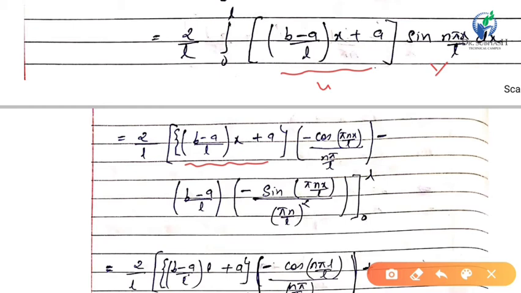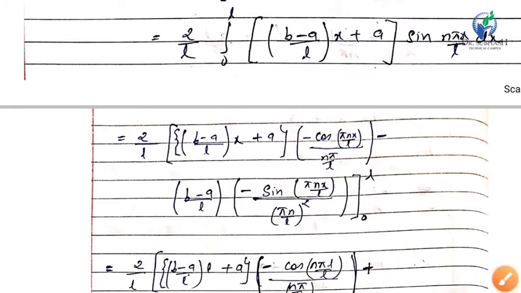So integration of sine is minus cos and coefficient of x will go in the denominator. Minus, I will differentiate u. Differentiation of u will be b minus a upon L and integration of this term cos will be sine and the coefficient of x will go in the denominator. Now I will put upper limit minus lower limit.